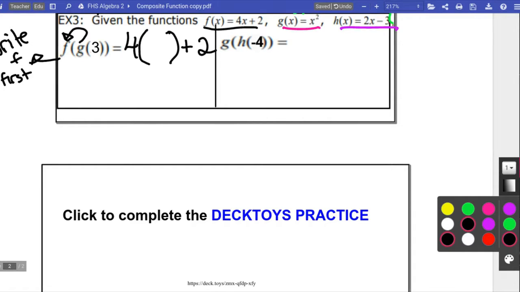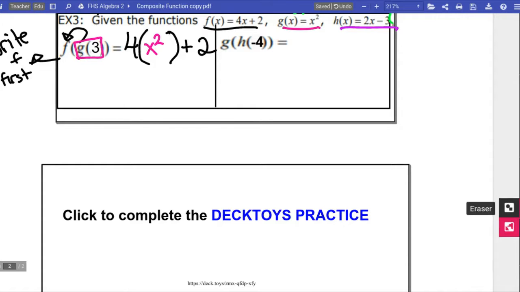Now let's get the g inside. So g is x squared, but we want g of 3. So instead of me writing the x, I'm going to erase that. I will put 3 squared because we want g of 3, because that value is x equals 3.